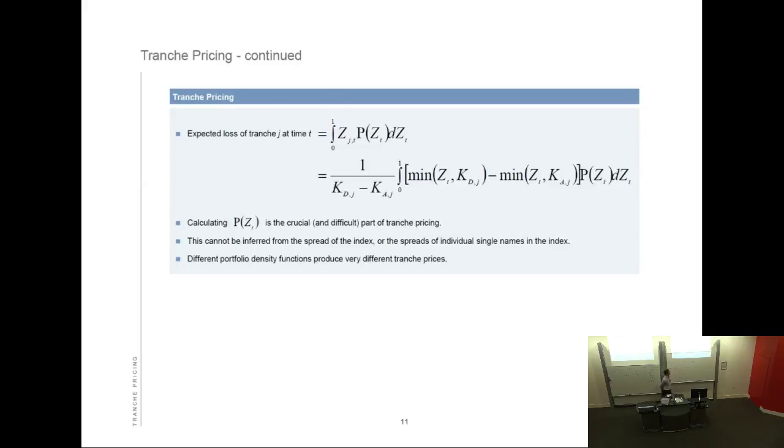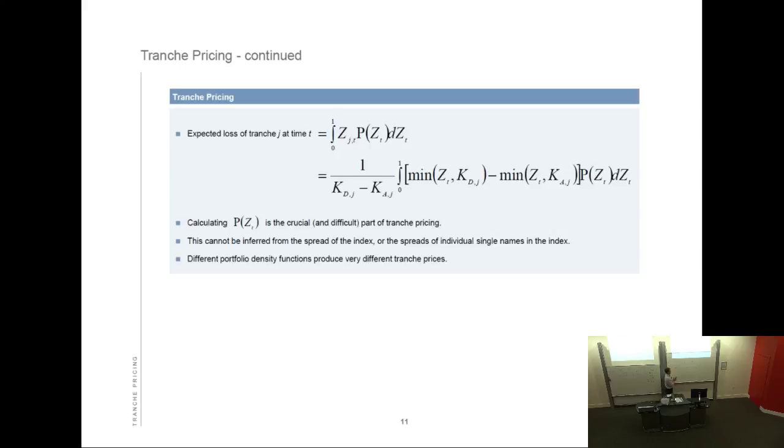Now, the difficult bit about this is, though, where do we get the distribution of our portfolio loss Z_T from? Because we can back out what Z_T's expectation is. We know what the underlying basket itself has, what kind of risk is priced into there, because we have the spreads of all the single names in that basket.